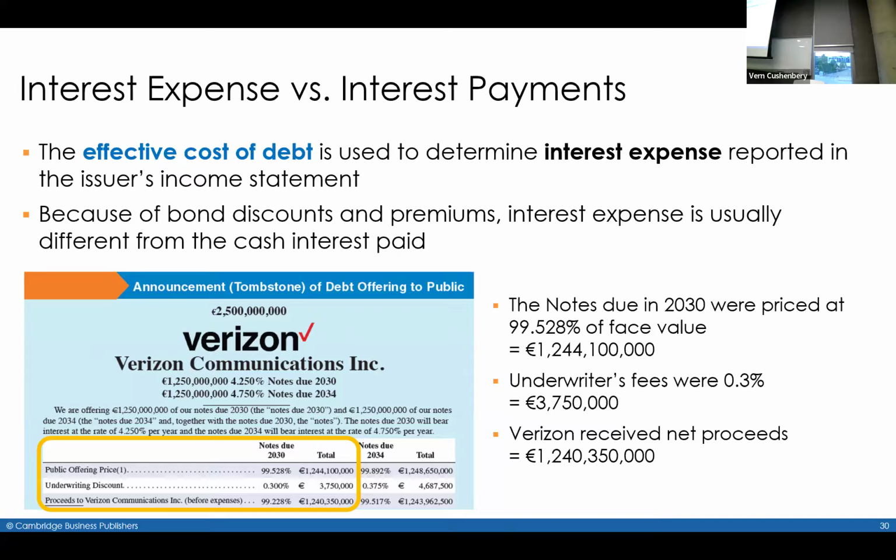If that bond was issued with a discount or a premium, the other part of interest expense is going to be the amortization of that discount or premium. Every 6 months, we're going to partly amortize that, and that number is going to be the second component of your interest expense. Which is why our authors note that the effective cost of debt is used to determine interest expense.